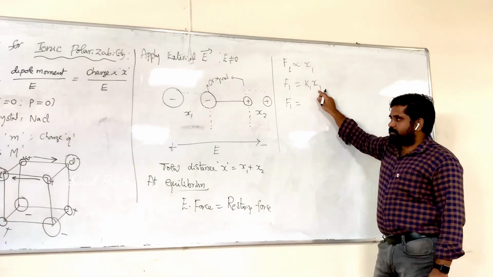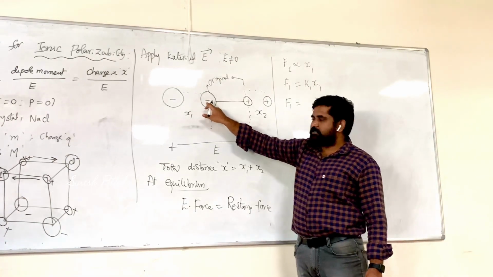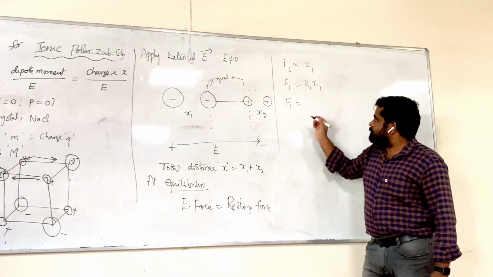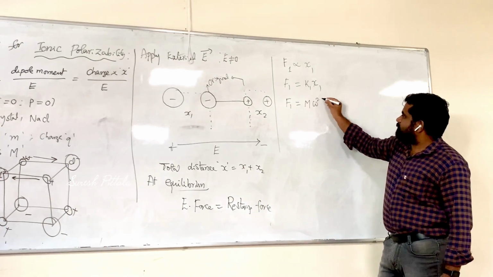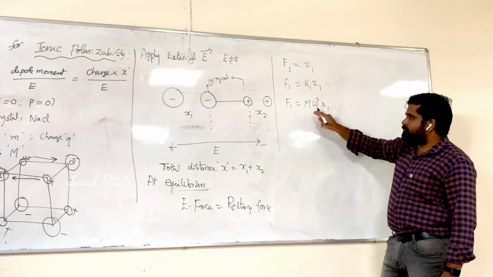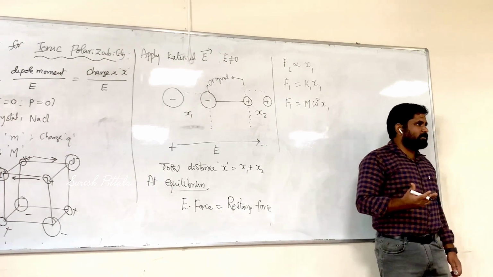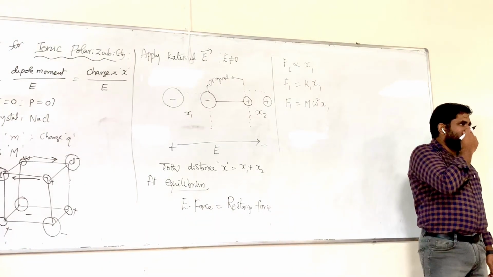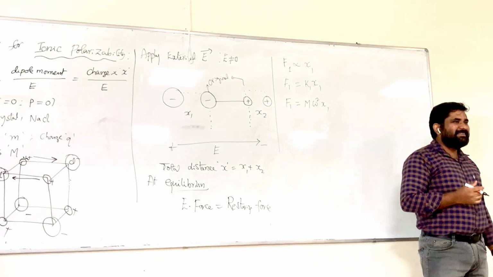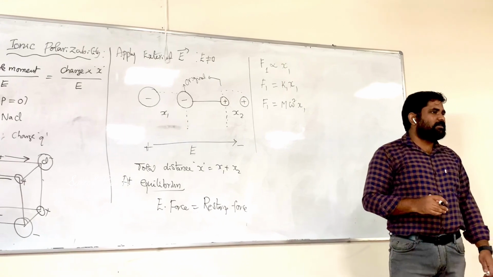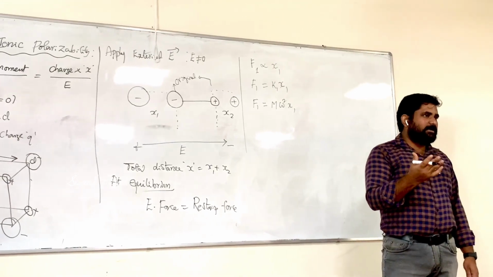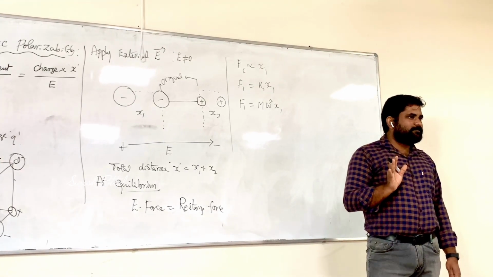What is the mass of x1? Its mass is capital M. So capital M into omega square. Have you seen? K is equal to m omega square. Remember? Spring constant. Okay, m omega square is there now.